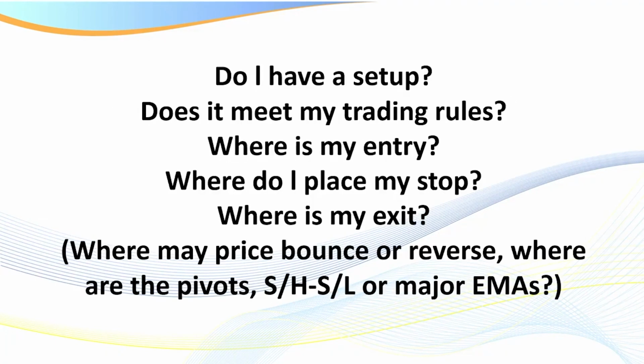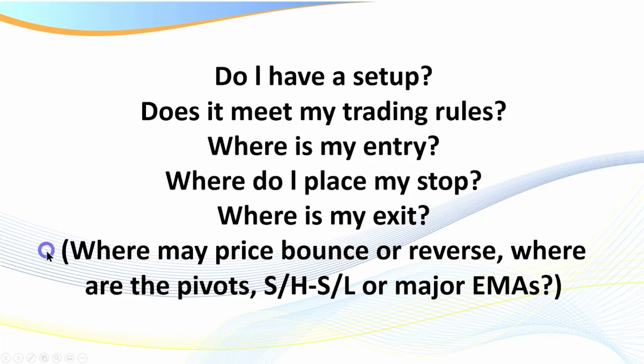Now the next thing I really want to look at is the little checklist that we're going to go through. Do I have a setup? Does it meet my trading rules? We want to know, where's the entry, where do I place my stop, where do we exit? Now where we exit can depend on a number of factors.